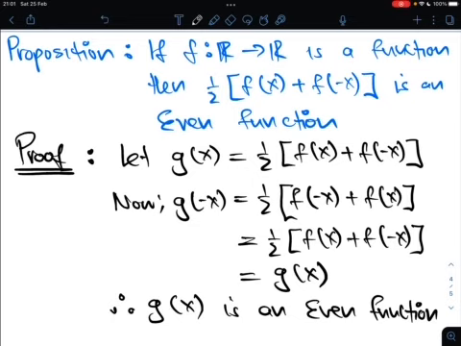You are going to see its use as we continue with the discussion. So it's good to always know that for any function, if you take half of f of x plus f of minus x, you will always get an even function. There is another proposition of a similar manner that you should know, which goes as follows.